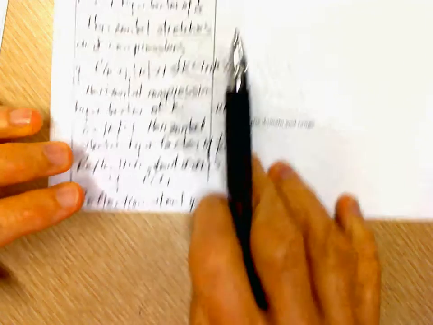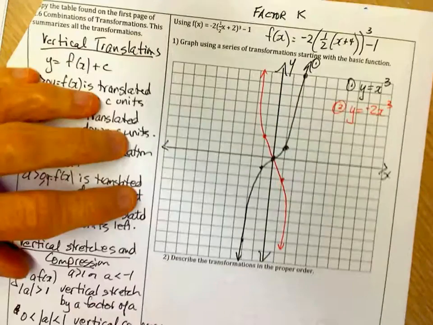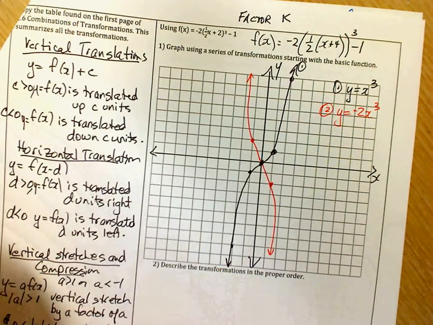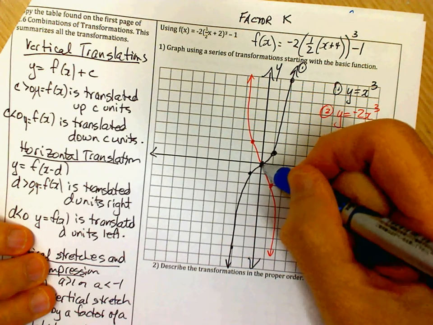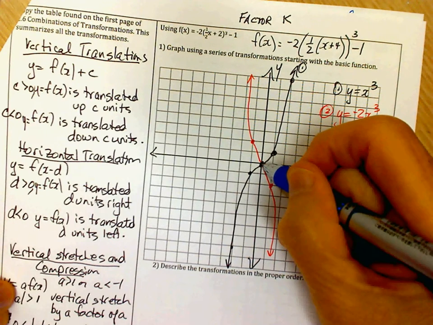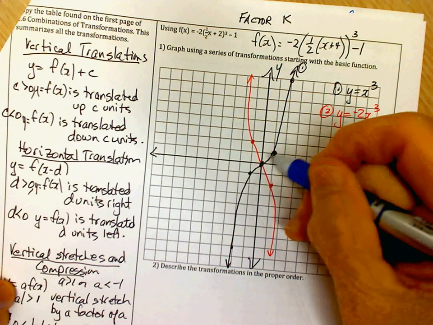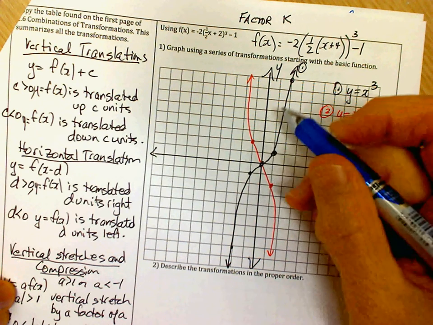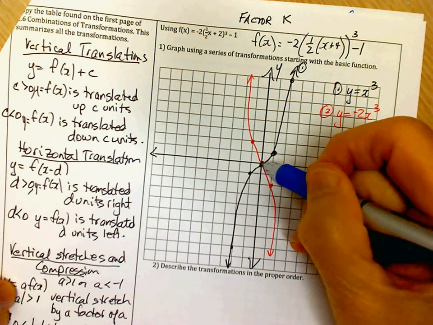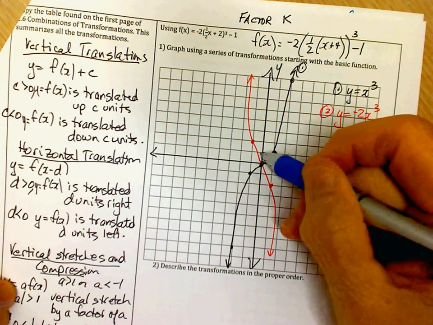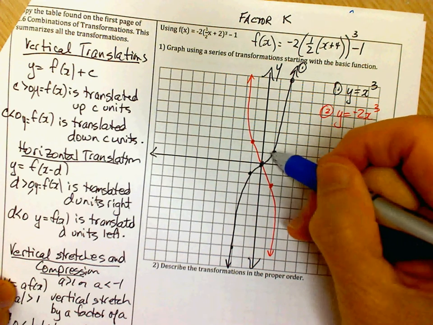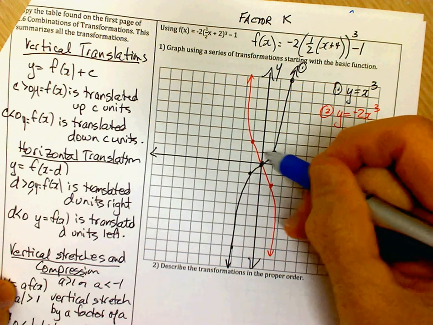The x value here is 0. It's a horizontal stretch by a factor of 2. So 2 times the x value of 0 is 0. The x value here is 1. 2 times 1 is 2, so that'll be stretched there. The x value here is 2. 2 times 2 is 4. That will be stretched there.